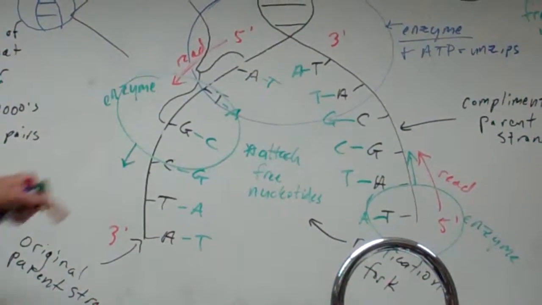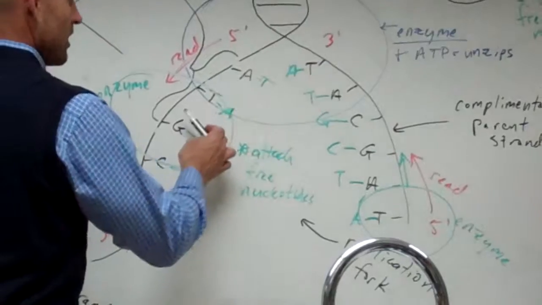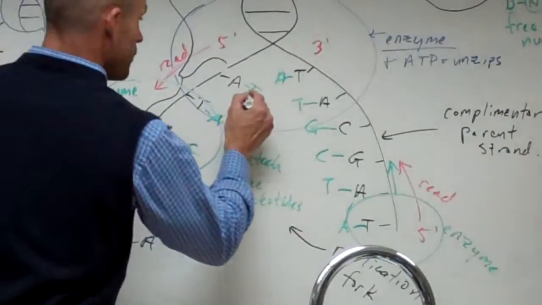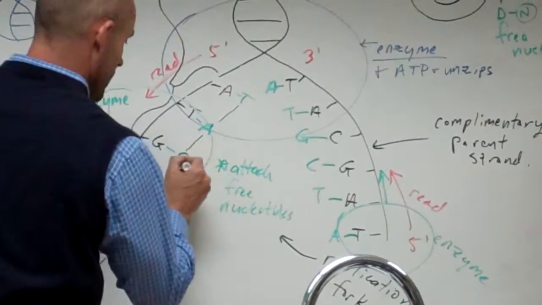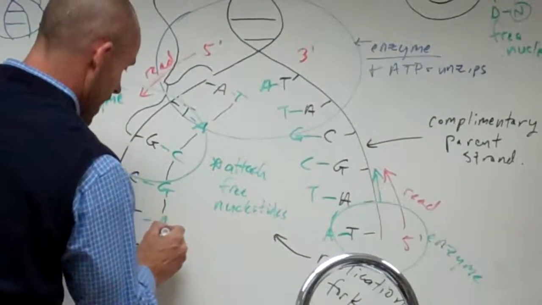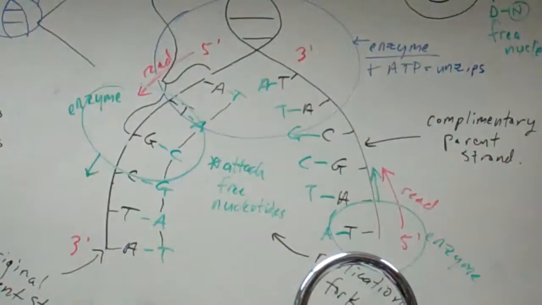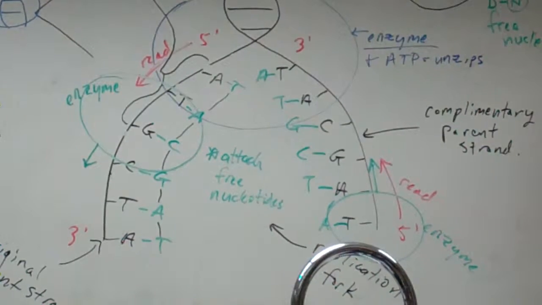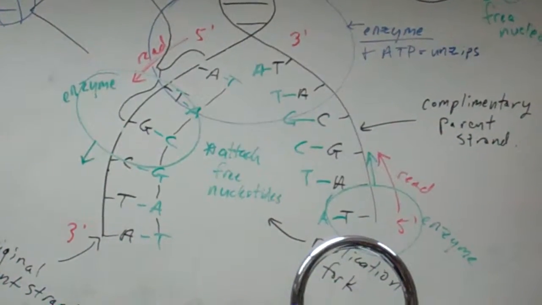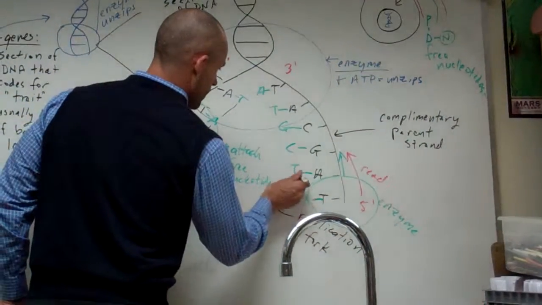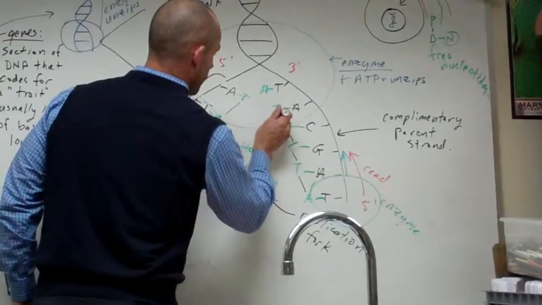So now what happens is as this enzyme is going along here and attaching, it's also going to suture together these individual nucleotides by attaching them with those phosphates. It's going to put a phosphate in between each one of those, or attach the phosphates to the sugars. And then as it's reading through, it's also attaching these two.